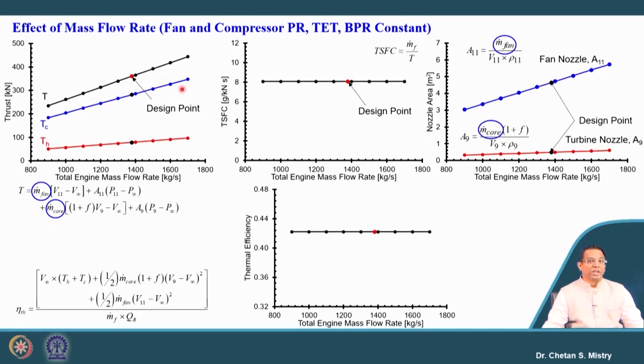So, we can move with the increase of mass flow rate, but as we have discussed, in order to handle that large mass flow rate, your dimensions will be changing, your diameter will be larger. If you keep other parameters constant, under that configuration your drag will be increasing, and that will be reflected in your specific fuel consumption.